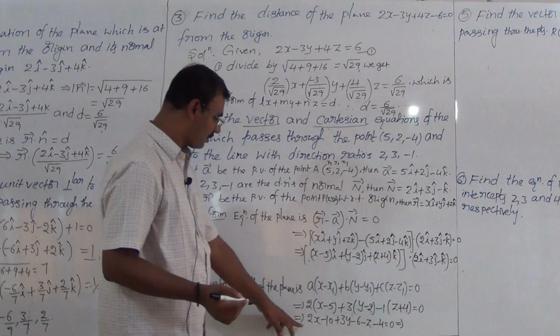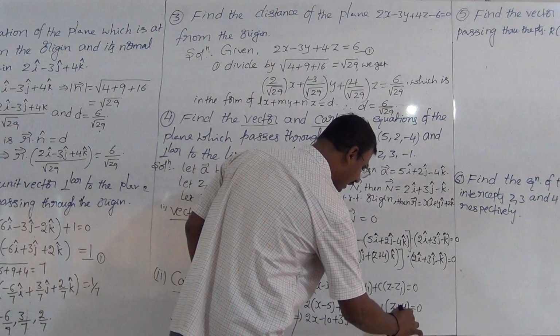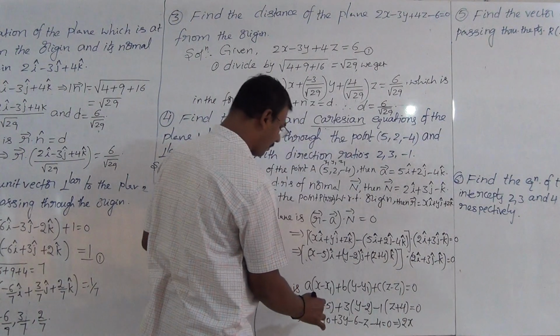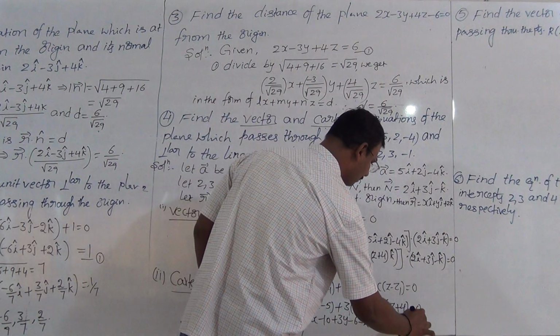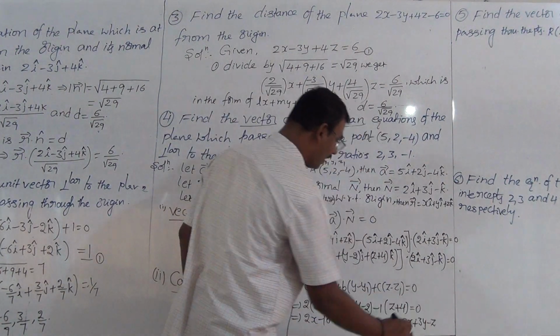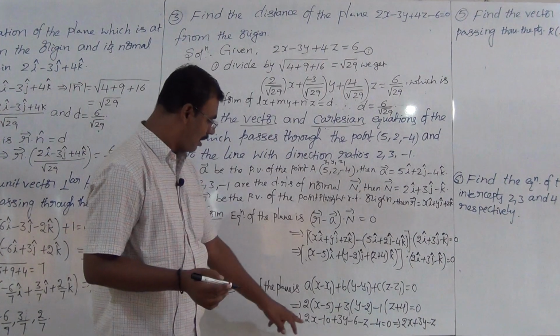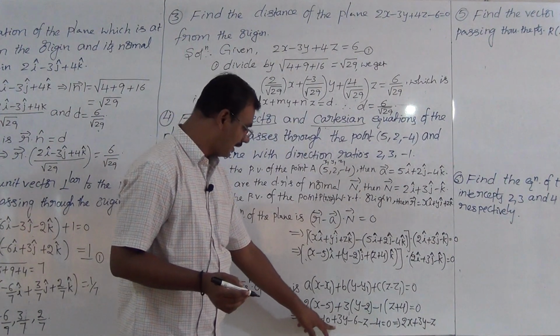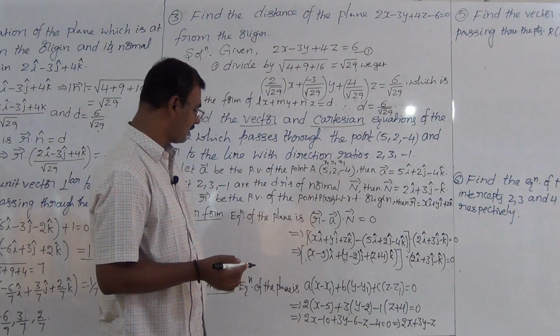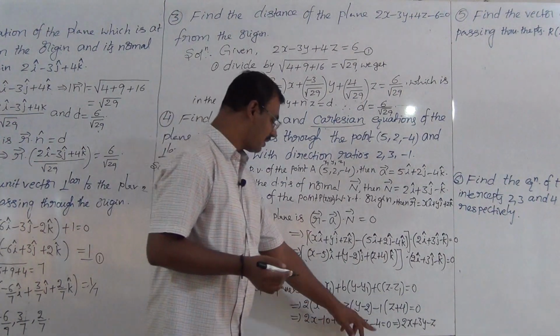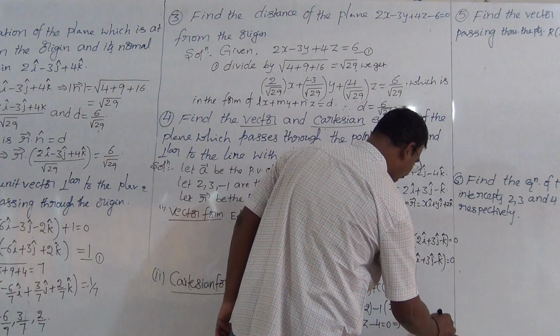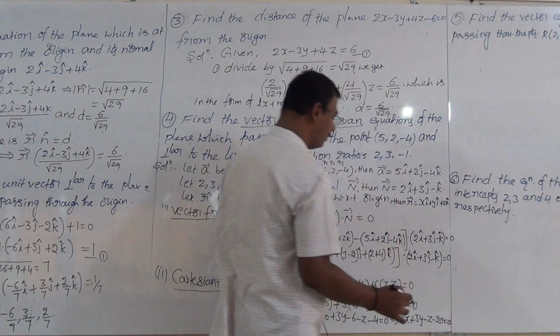What is the final equation? Find out. So that is 2x plus 3y minus z, constants adding, minus 10 minus 6 minus 4, so minus 20 is equal to 0.